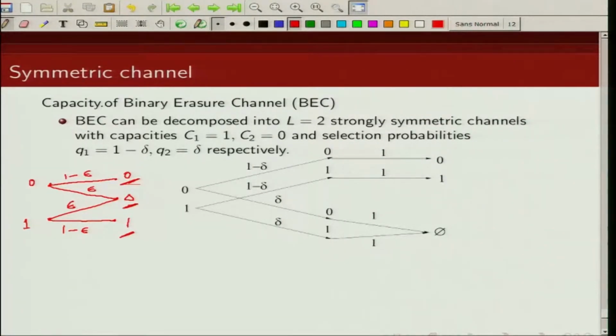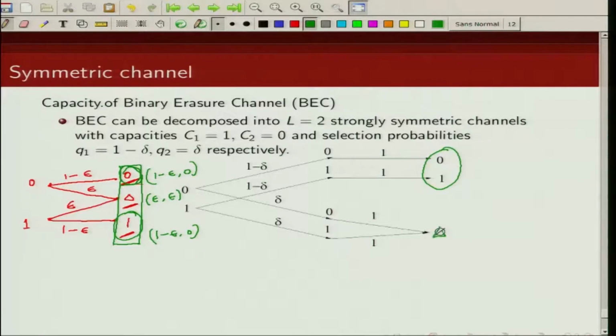So the first thing that we will do is decompose it in such a way that this particular output symbol and this particular output symbol belong to the same channel, because they have the same focusing. You can check, this is 1 minus epsilon, 0 and this is 1 minus epsilon, 0, and this has a different focusing which is epsilon, epsilon.